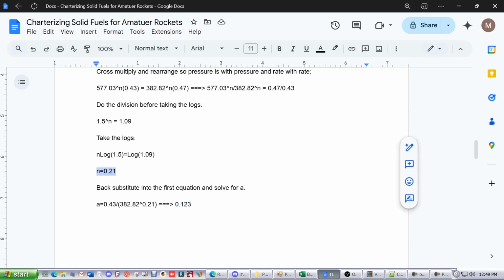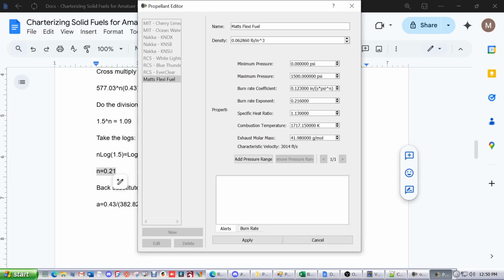Then N, 0.21, will be put right here. Now, it should say 6. There was a 6 at the end of it, and I should put that in the document. Specific heat ratio, that's the ratio, 1.13. That came from ProPEP. So did the combustion temperature and the exhaust molar mass.